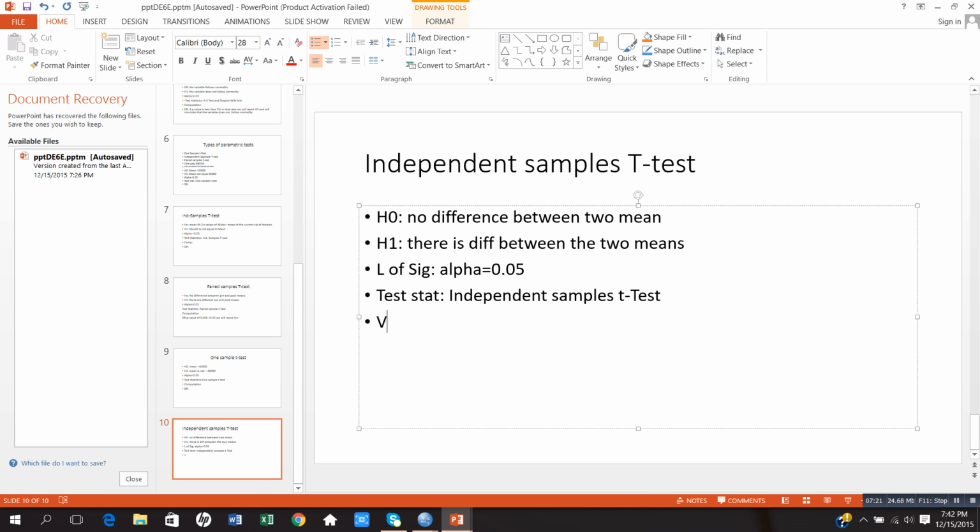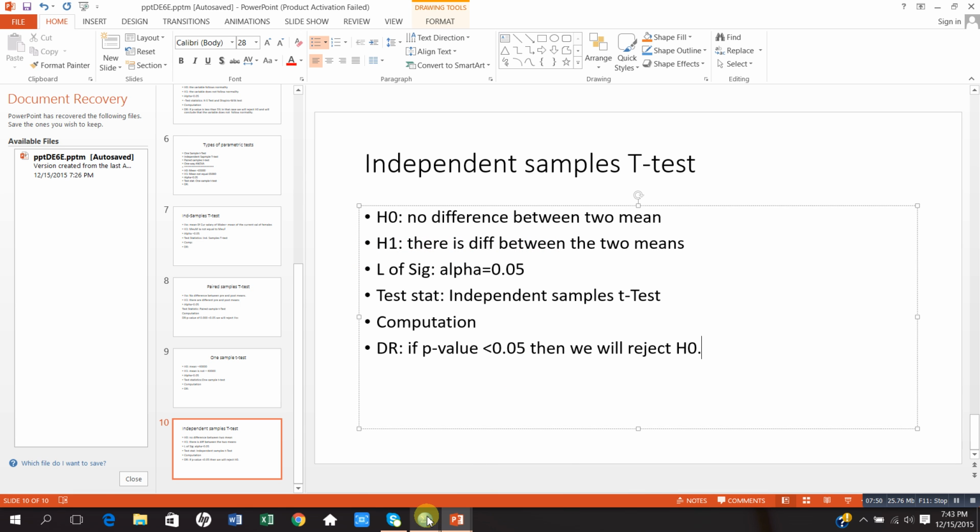There is computation. We will use SPSS for computation purpose, and then there is my decision rule, and decision rule is again the same. If p value is less than 0.05, then we will reject H naught, and in that case we will conclude that there is difference between the two means.